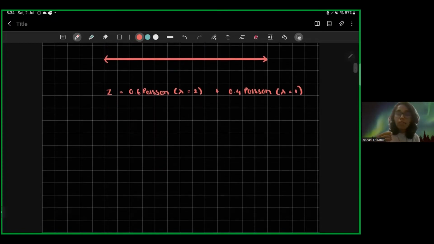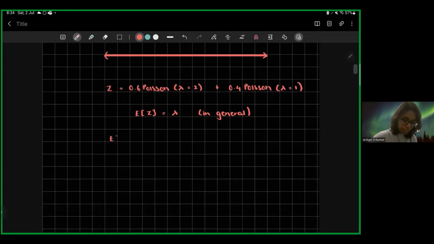So what if we had to find the mean of this distribution? In a Poisson distribution, we know that the mean is equal to lambda in general, right? But when we have a mixture distribution, we have to assign the weightage.